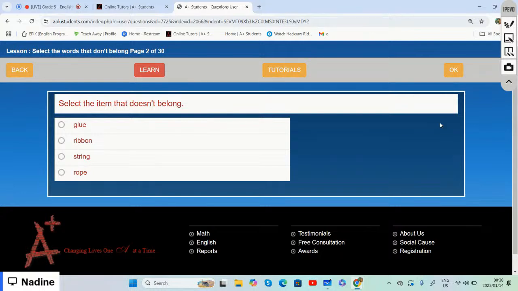So glue, ribbon, string, rope. The items that do not belong.